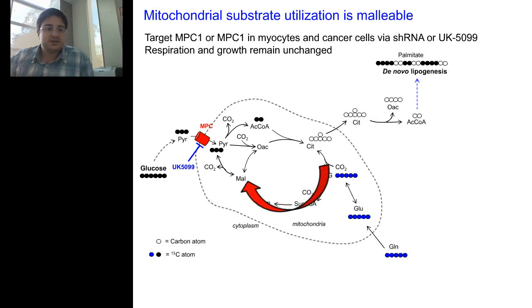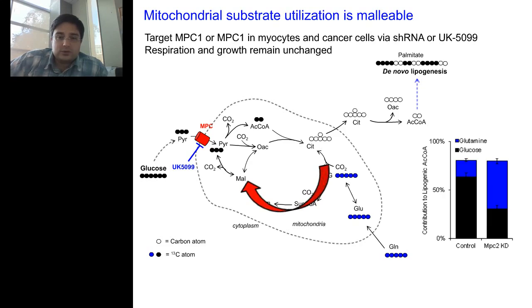What we did see is a profound change in amino acid metabolism, and I'll just show you the results with glutamine here before moving on to the IDH cancer studies. What we see is that the contribution of glutamine versus glucose to lipogenic acetyl-CoA switched almost completely, such that the cells preferentially utilize glutamine for lipid biosynthesis, just like was the case for hypoxia.